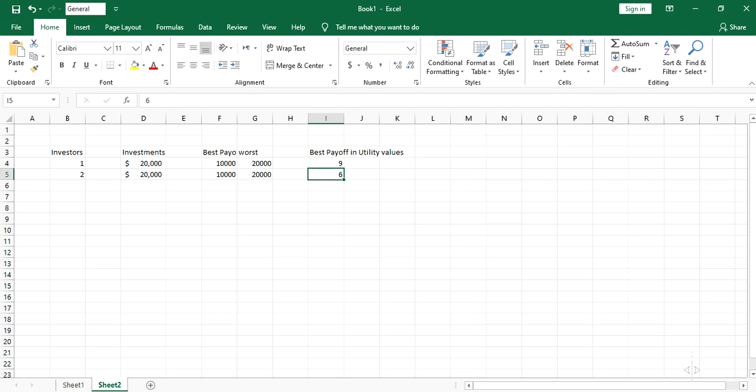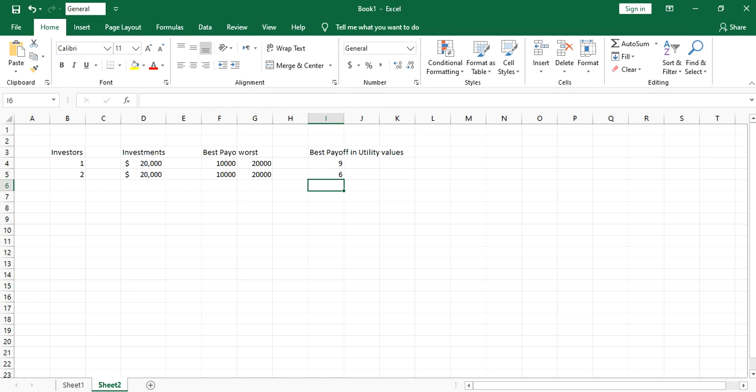Level of utility. What does that tell us? Investor 1 is a risk taker. No matter if he loses all his money, he's taking the risk to earn $10,000, and he's satisfied with this investment at a high level. But for this investment, investor 2 is not that satisfied, and he thinks it's not a good investment.